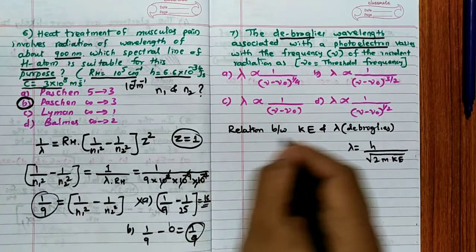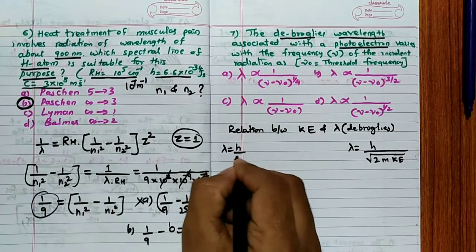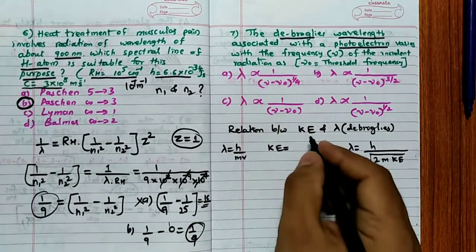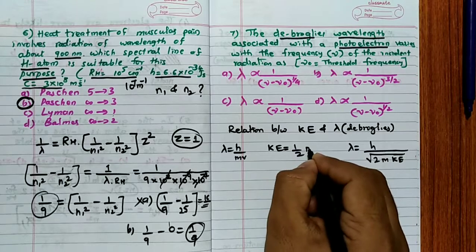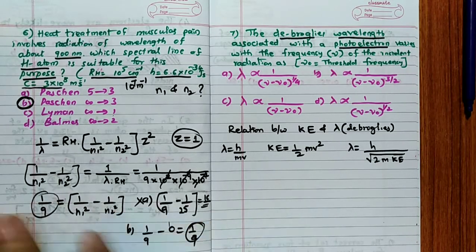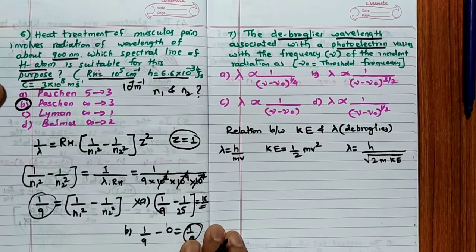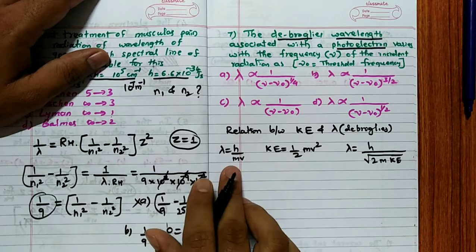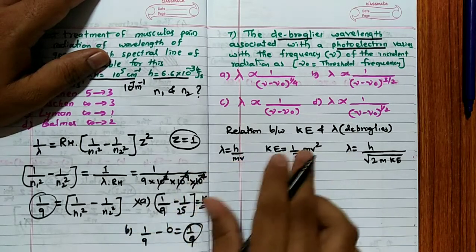See, we know that lambda is equal to h by mv. Kinetic energy is equal to, I will explain in detail here, half mv square. Correct? In this particular case, we will convert this into mv, so that we will substitute that mv here.